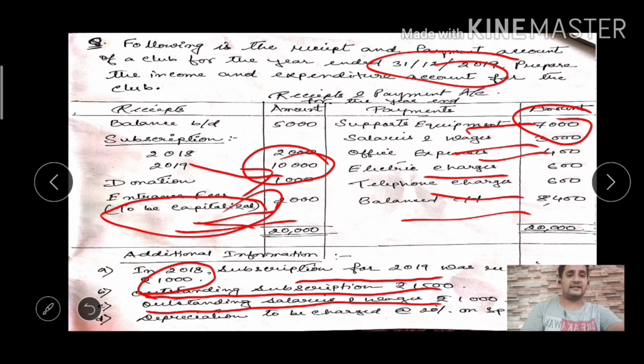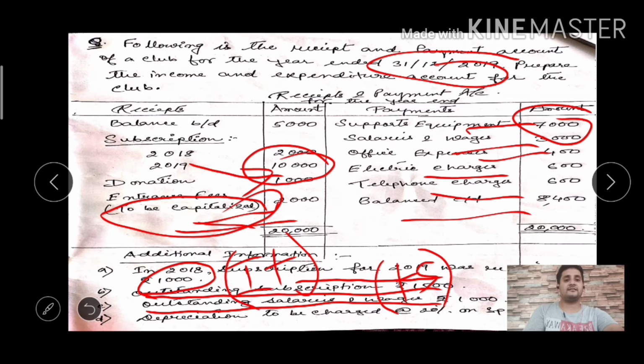Again, you have to mark the additional information. Write I and write plus. I means this will come on the income side, and you have to add it with the subscription, so write plus. Next, outstanding salaries, plus.